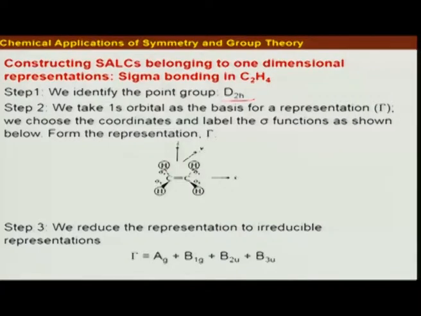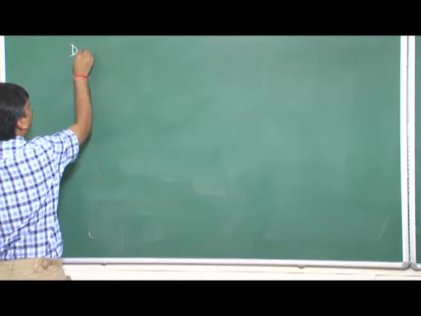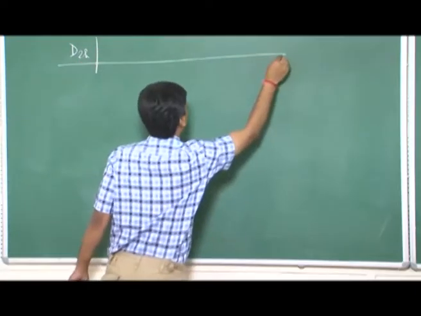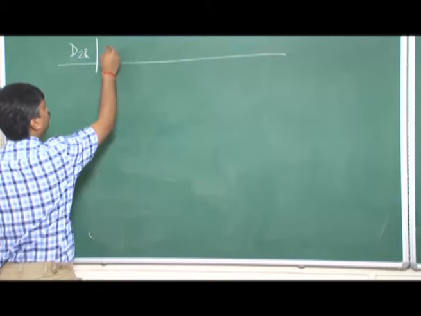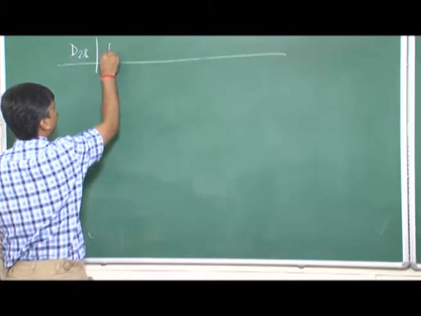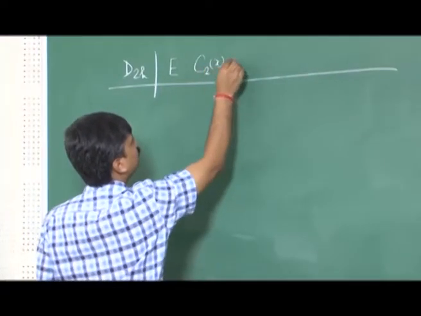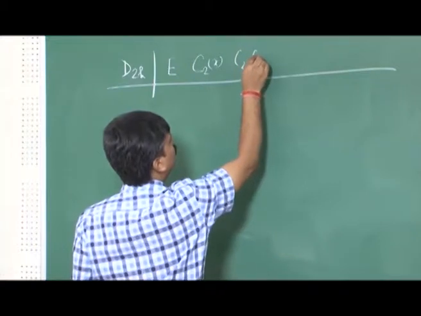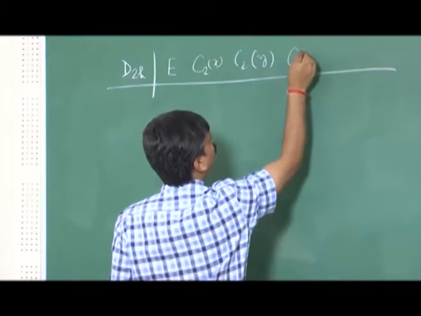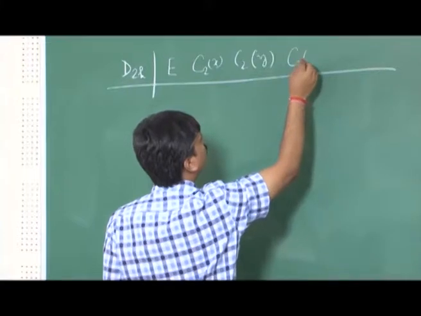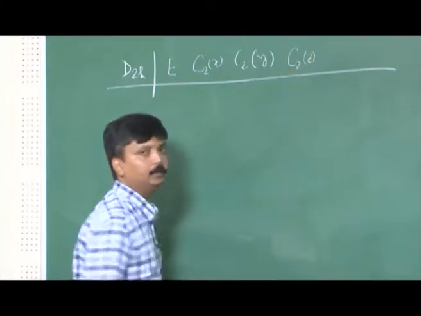So the number of basis functions in my basis set is 4, and in the D2H point group, what are the symmetry operations that I have? So D2H, right? What you have is identity, C2x, C2y, C2z.